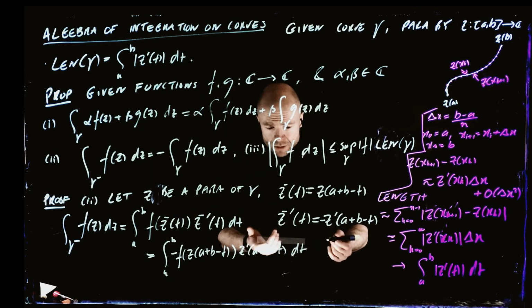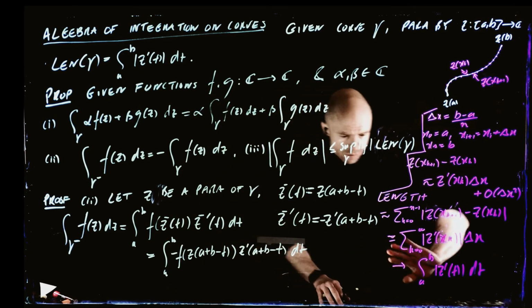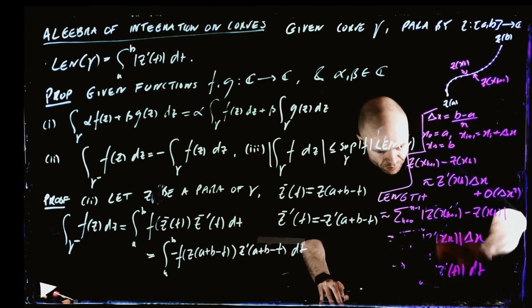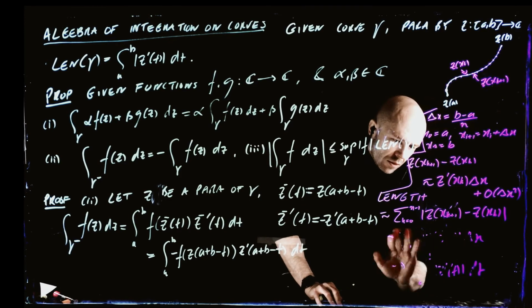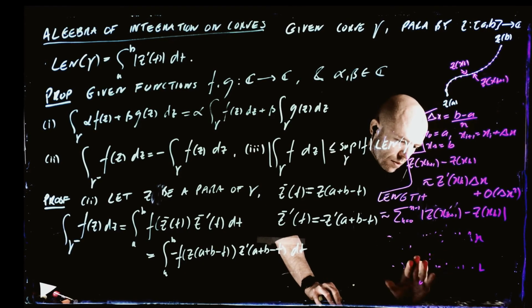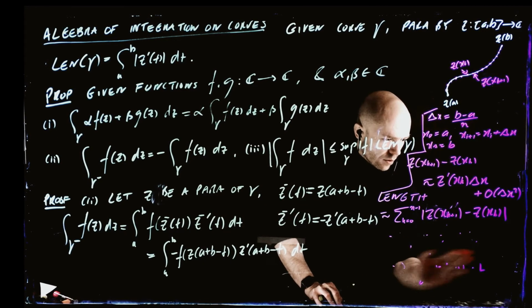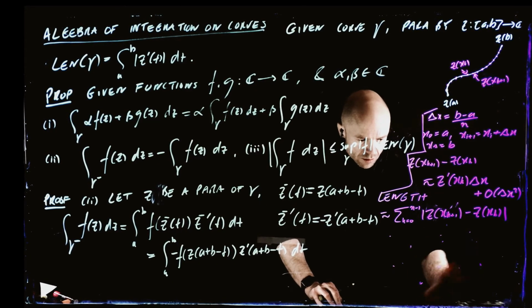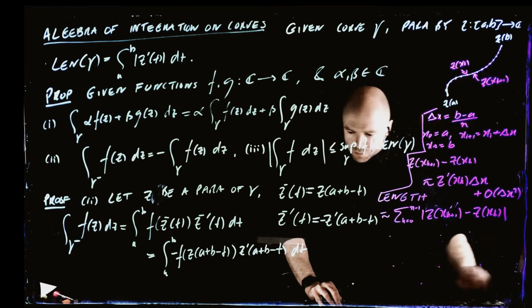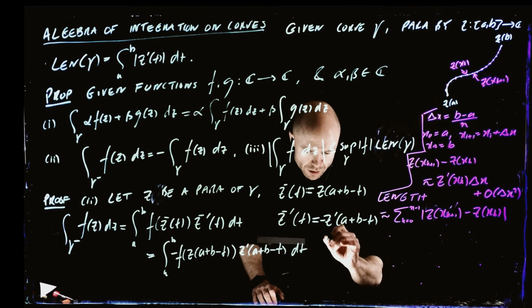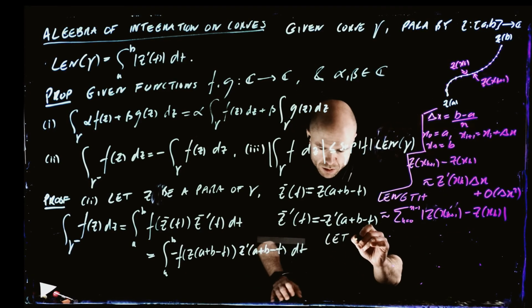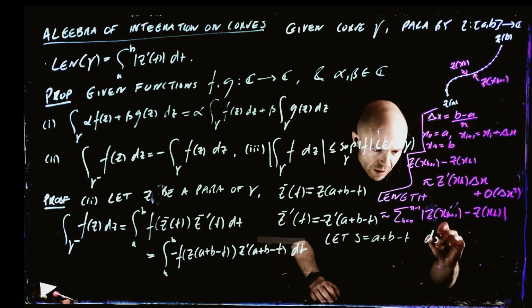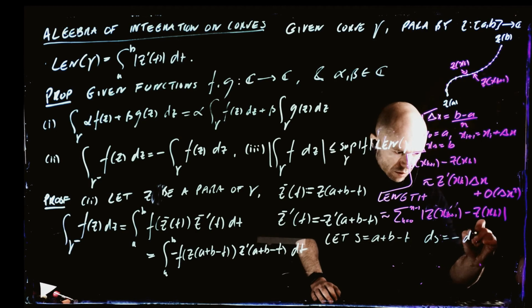And now let's do a change of variable, running out of space. Let s equal a plus b minus t, so ds equals minus dt.